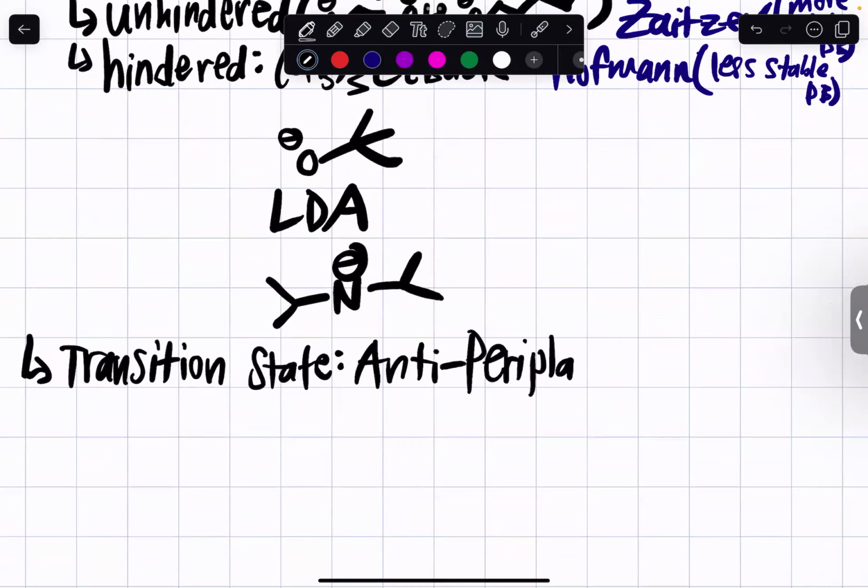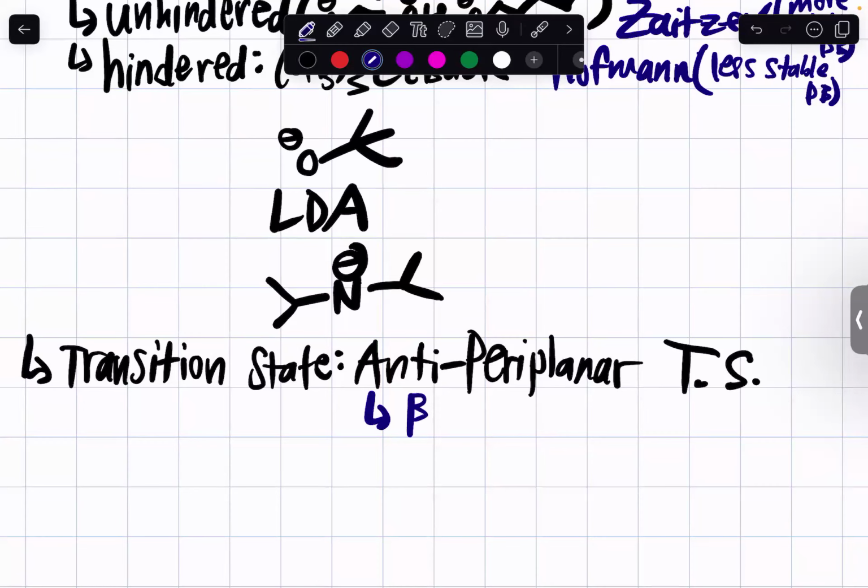Yeah, I remembered it, but it means something about the position of, never mind, I forgot. So the position of the beta hydrogen, well, Lewis calls it the alpha hydrogen, but I think normally it's called beta hydrogen, is opposite to the leaving group.